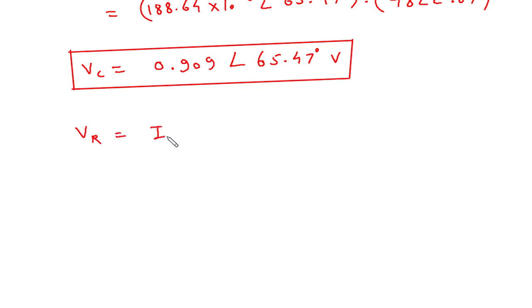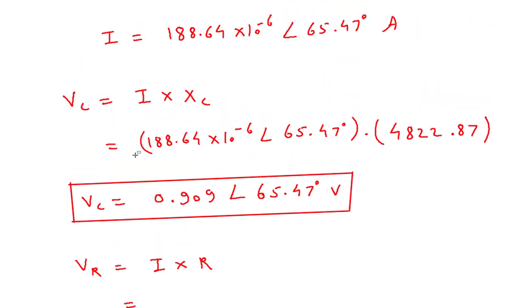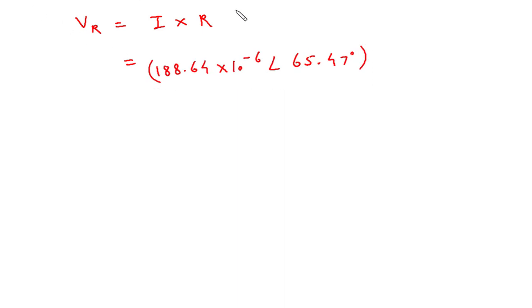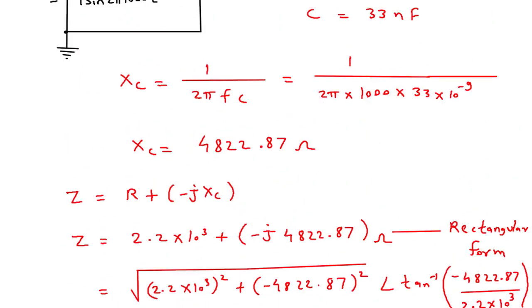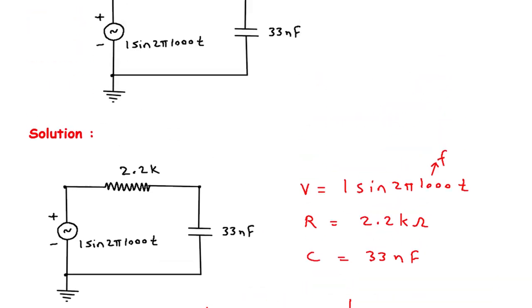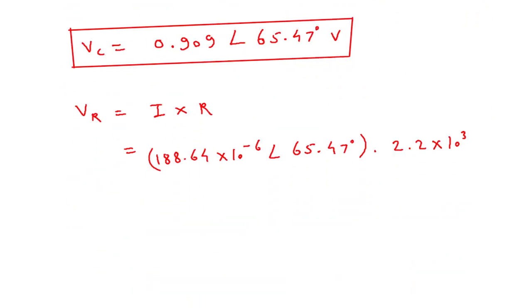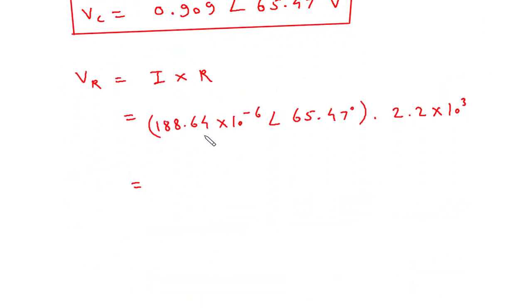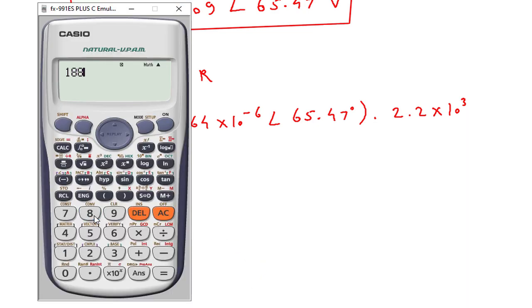Again, according to Ohm's law, it is I into R. The value of current I is 188.64 multiplied by 10 to the power minus 6, and you have to multiply this by the resistance value, 2.2 kilo ohm, 2.2 into 10 to the power 3.